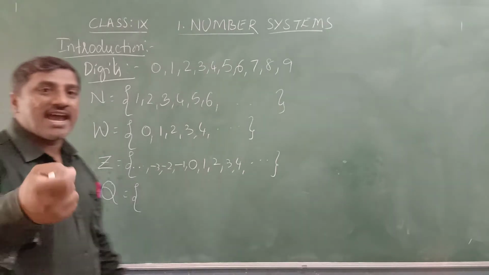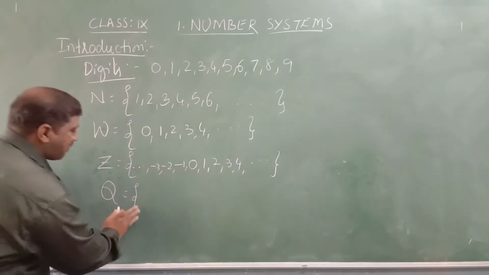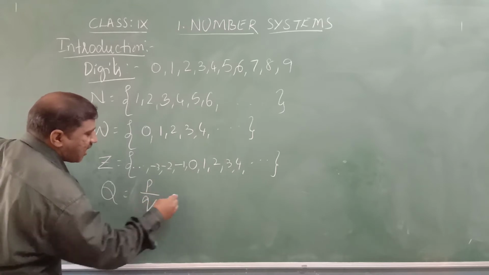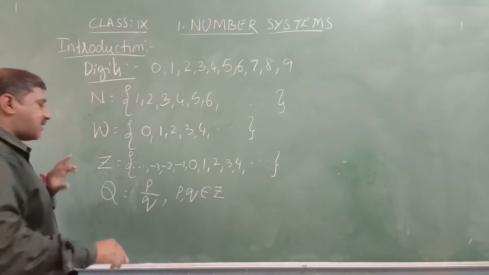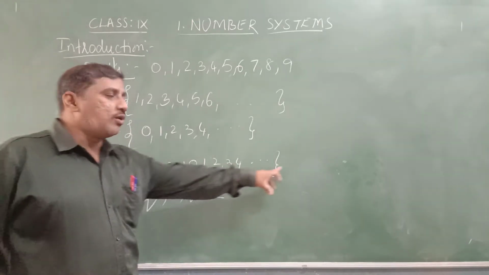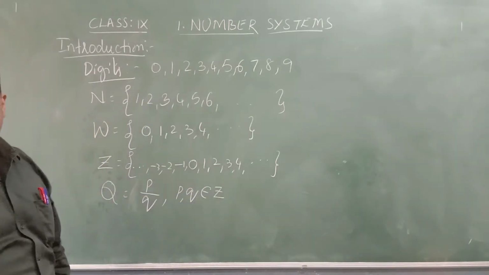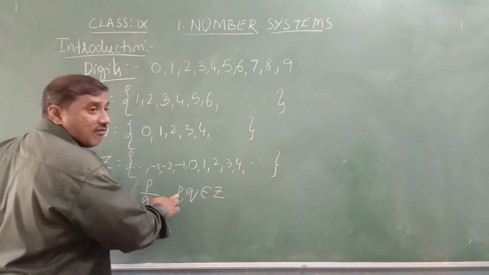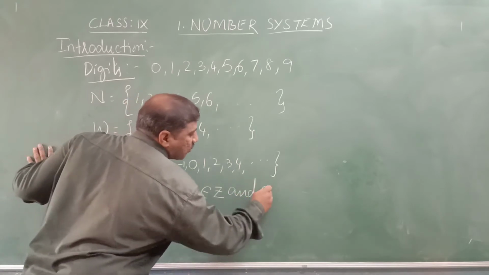The numbers which can be expressed in the form p by q, where p and q belong to integers. P and q both are integers, that means 0, 1, 2, 3, 4 and so on, and minus 1, minus 2, minus 3 and so on, to the left side of 0. So p by q form, where p and q belong to integers and q is not equal to 0.